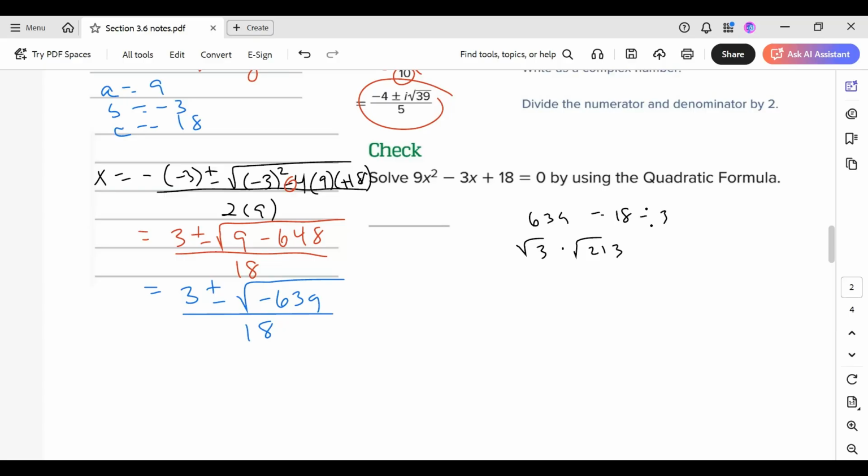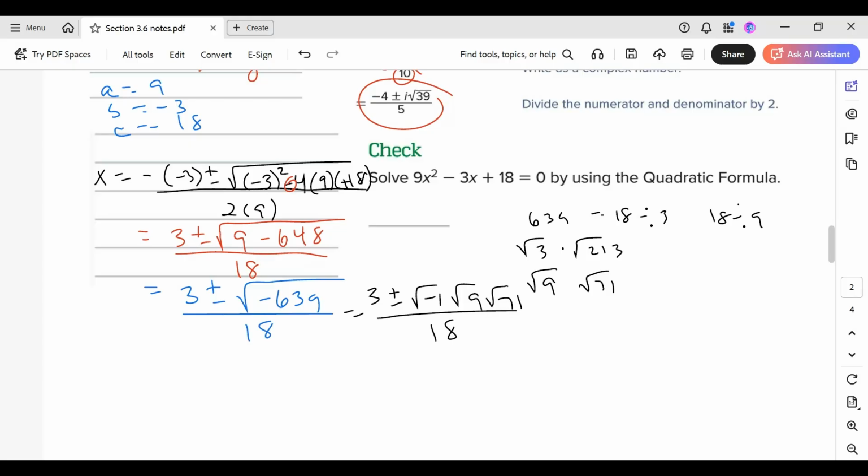But if I also think of the numbers 6, 3, and 9, you get 18. 18 is also divisible by 9. So if I divide by 9, 639 divided by 9 gives me 9 times 71. And that's where I'm going to go. So I'm going to see 3 plus and minus square root of -1, square root of 9, square root of 71, all over 18.